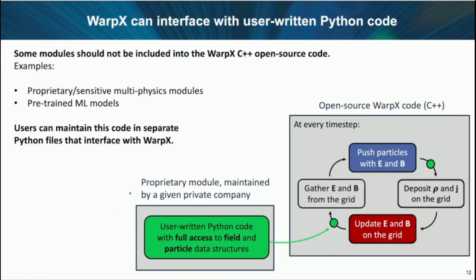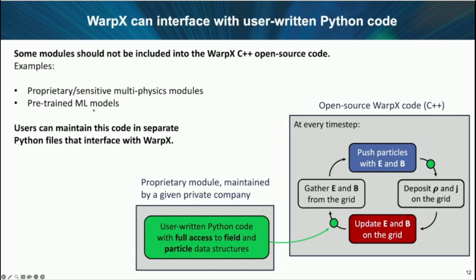Another feature that's interesting is even though WarpX is written in C++, sometimes you don't want all the code that you need to be directly in C++. So one example is if some private companies are using WarpX and have specific multi-physics modules that are proprietary, then they may want to keep that outside of the C++ code.